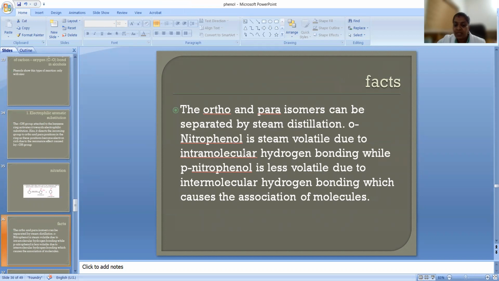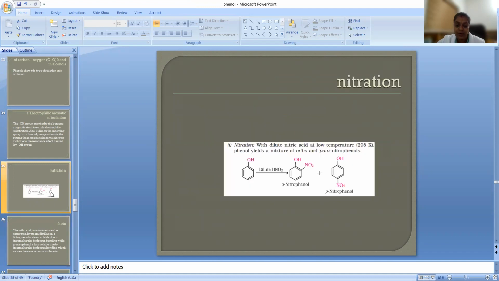Orthonitrophenol is steam volatile due to intramolecular hydrogen bonding, while paranitrophenol is less volatile due to intermolecular hydrogen bonding. In paranitrophenol there is intermolecular hydrogen bonding between molecules, and in orthonitrophenol, between OH and NO2, there will be hydrogen bonding within the molecule. I can show you that.